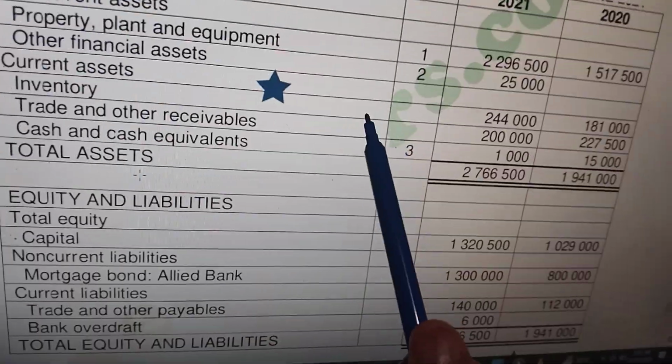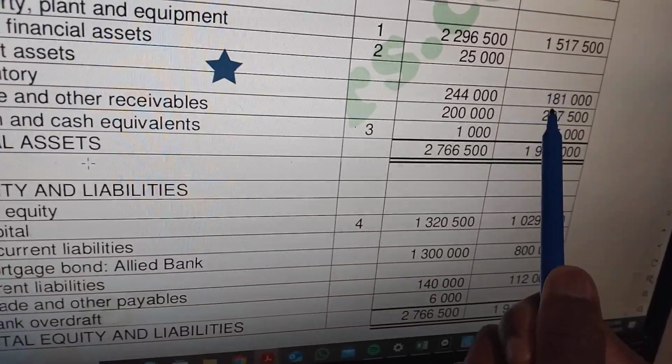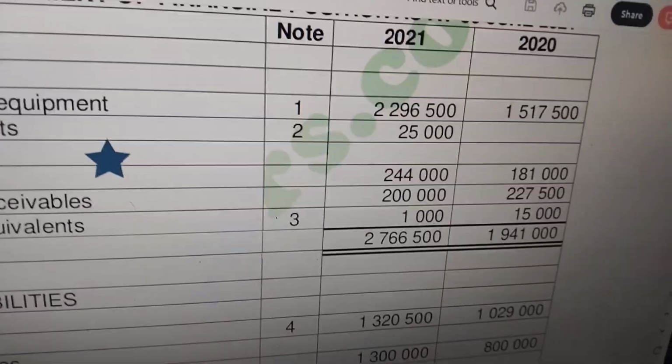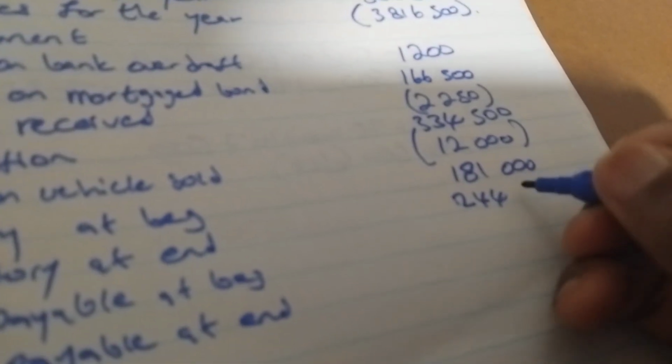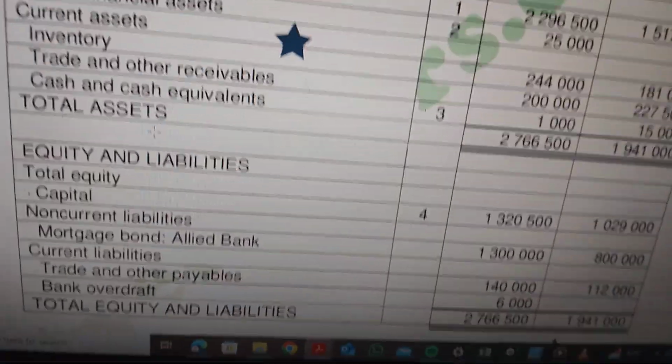So inventory at the beginning is 181,000. We key 181,000. And then inventory at the end is 244,000. It must be in the brackets. And then trade payable.